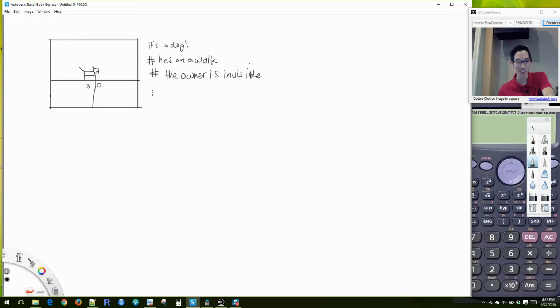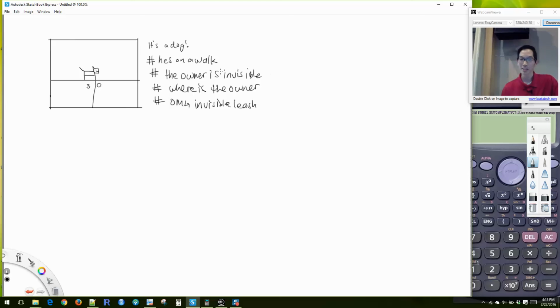The owner is invisible. Where is the owner? OMG, invisible leash. Worst hashtags ever. Well, the dog is at the 30-yard line on a football field, obviously.